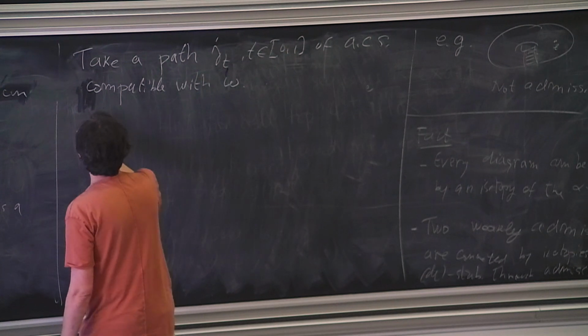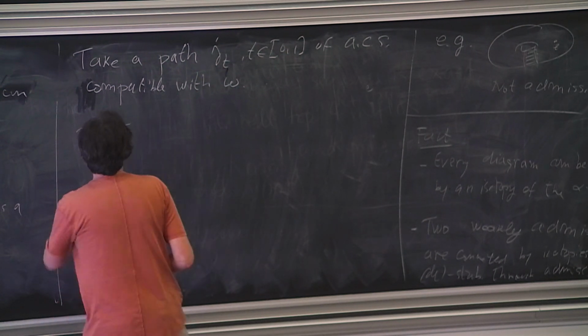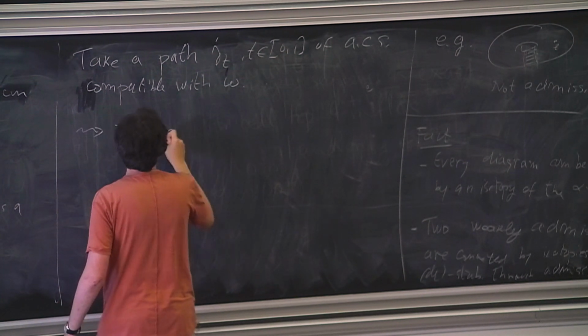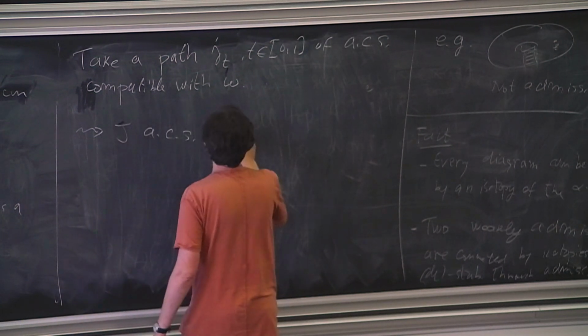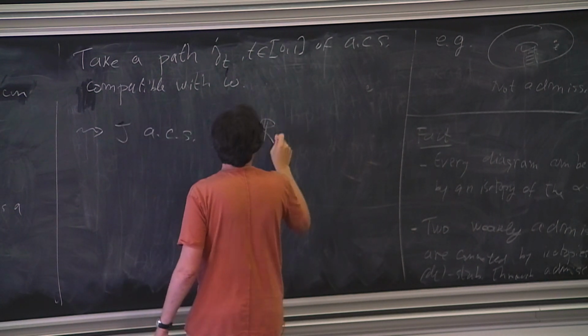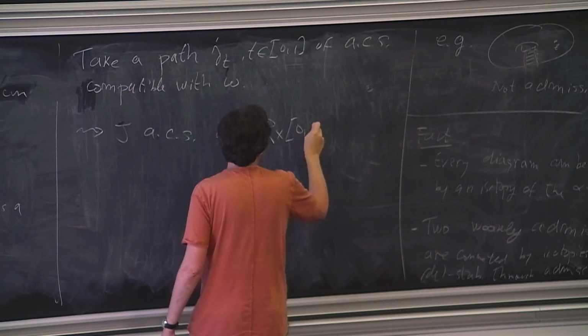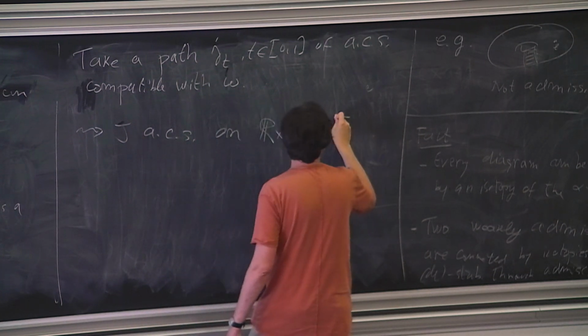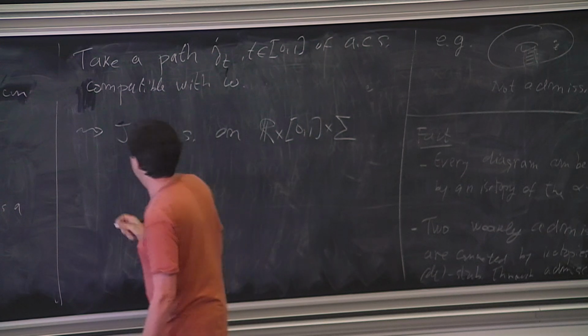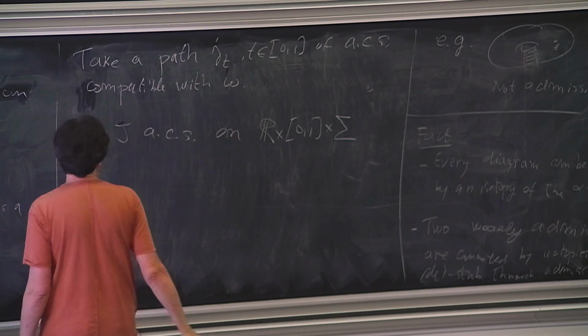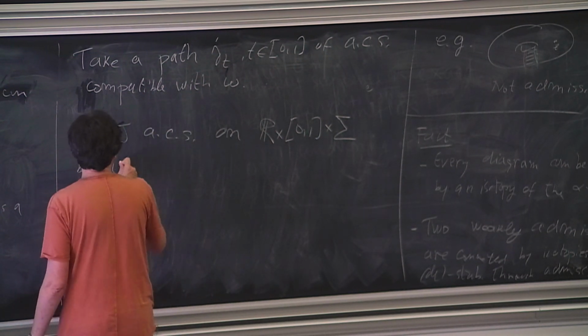And from this, you can construct J, an almost complex structure on R times [0, 1] times sigma.